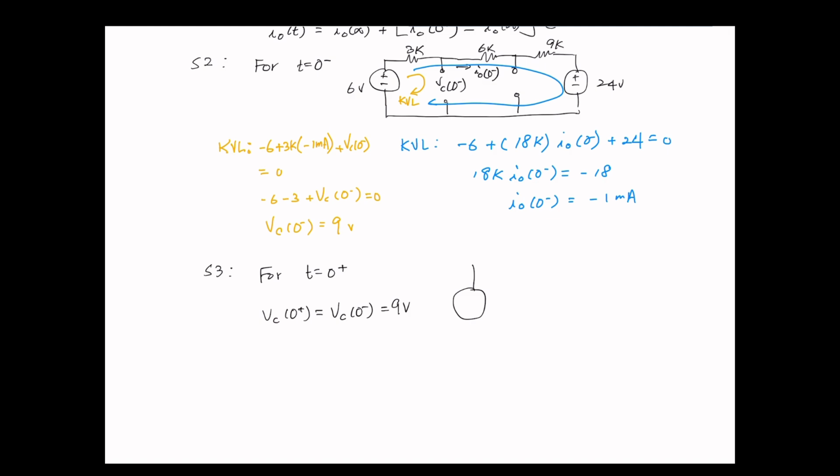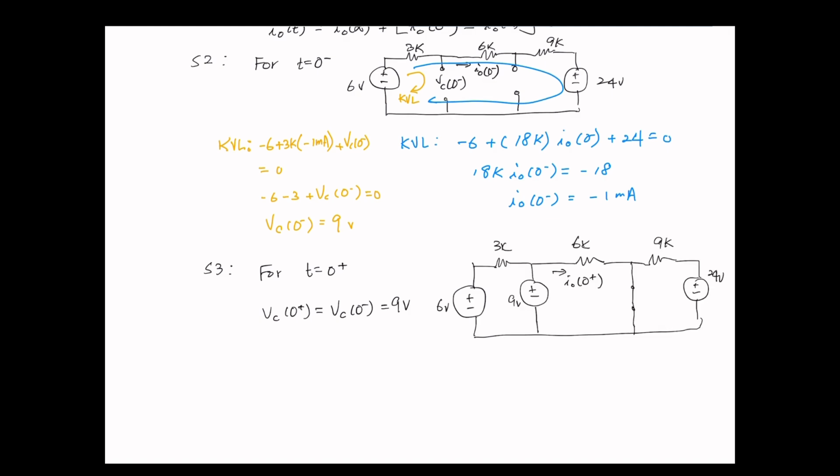If you draw the circuit, it looks like this. We replace the capacitor with a 9 volt voltage source, and then we need to figure out I sub 0, 0 plus. The switch is closed because this is right after time equals 0, and that gives us this short circuit here.